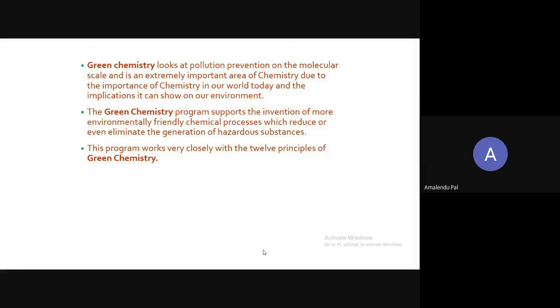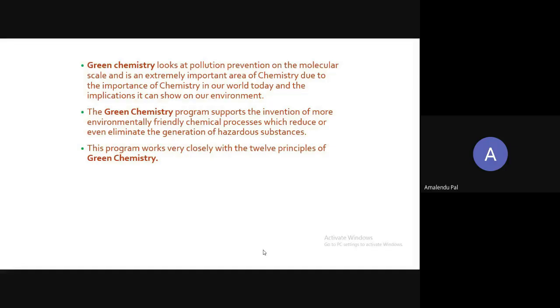So we have to apply green chemistry in chemical processes to reduce, and if possible eliminate, the generation of hazardous substances. That we know very much.